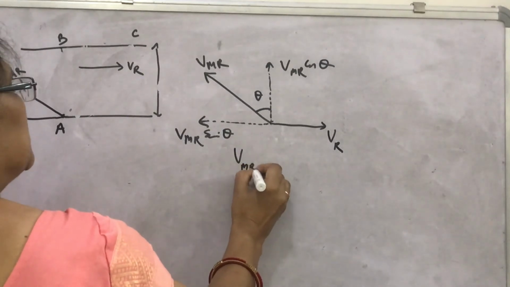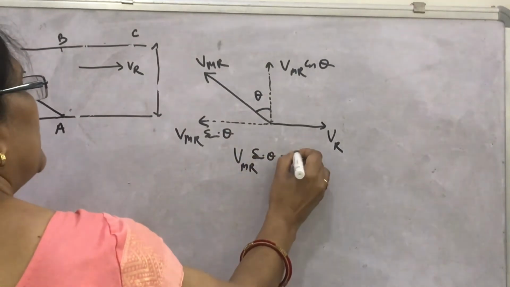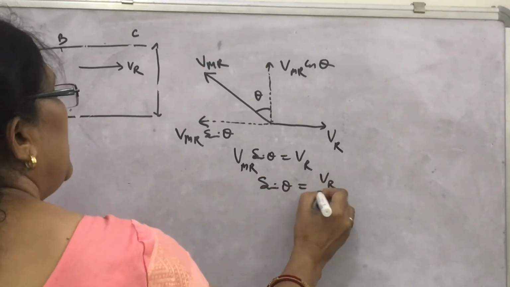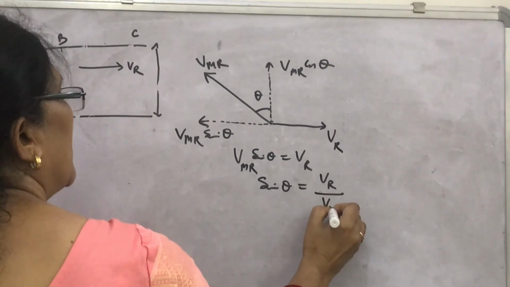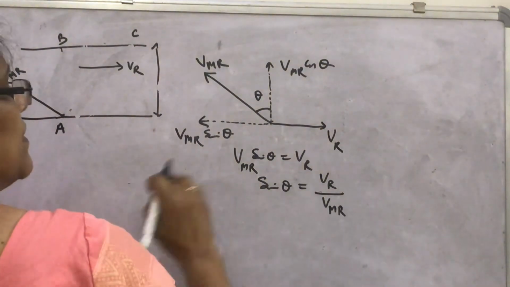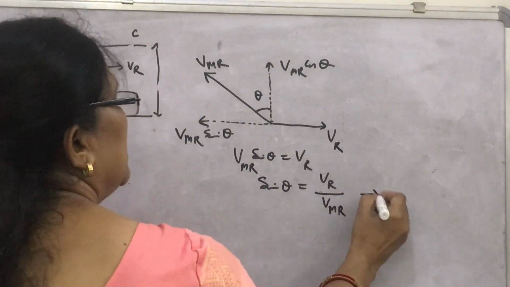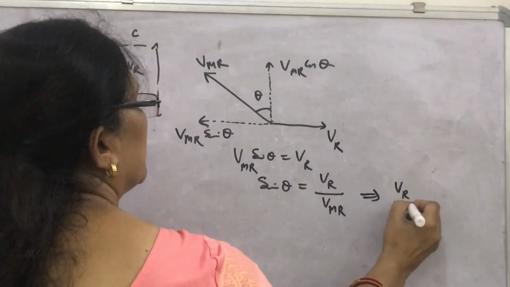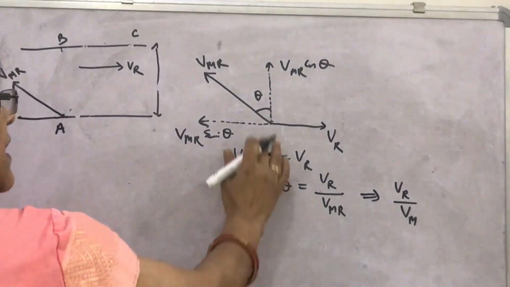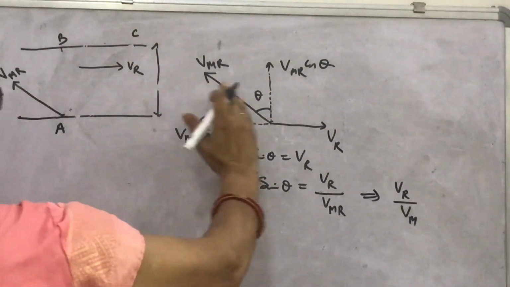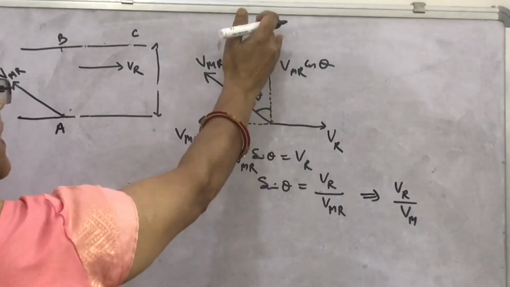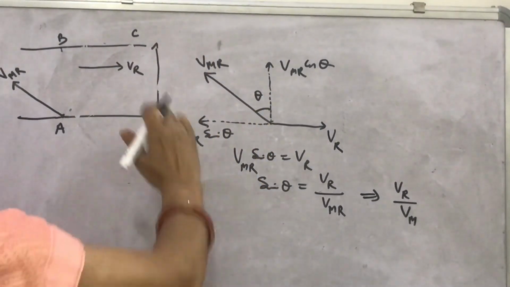You can write here that this VMR sin theta will be equal to VR, or sin theta will be equal to VR upon VMR, velocity of man with respect to river. In books generally it is written that velocity of river upon velocity of man. So this is the condition that he should swim from vertical in this direction to reach exactly at the opposite point at the other bank.